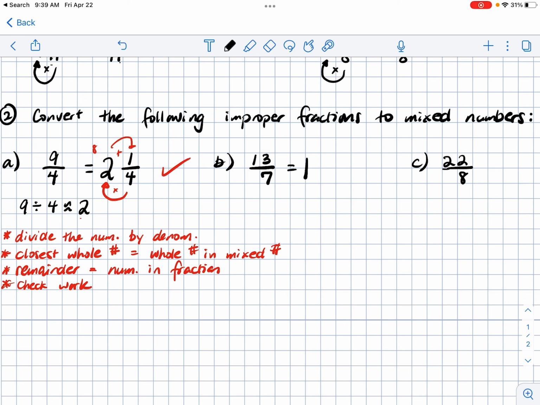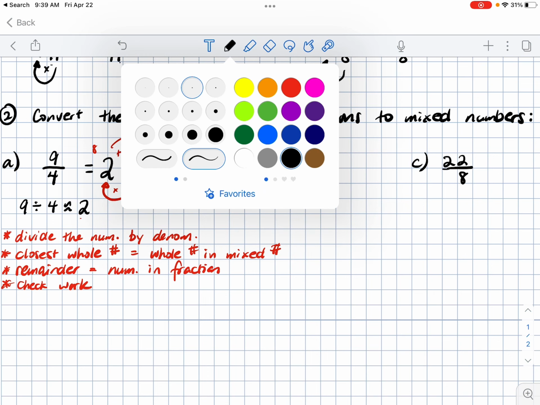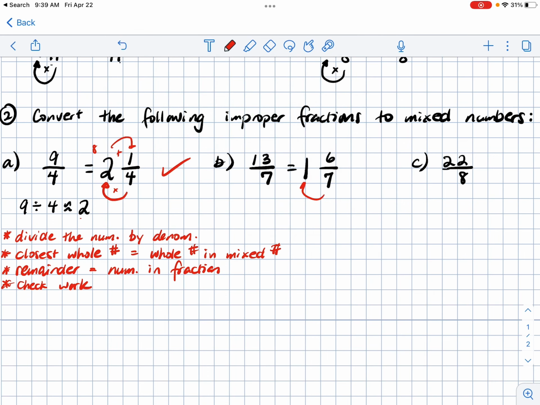So if 1 times 7 is 7, we know the remainder is 6 over 7. Remember that the denominator stays the same in both cases. Check your work. Okay, so what's 1 times 7? It is 7. And 7 plus 6 gives you 13, so you know you're correct.